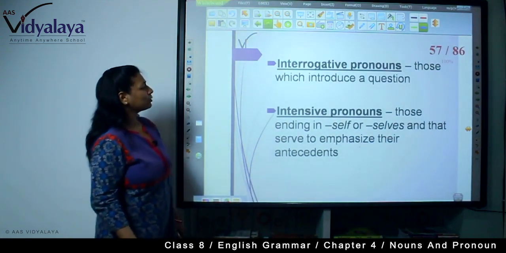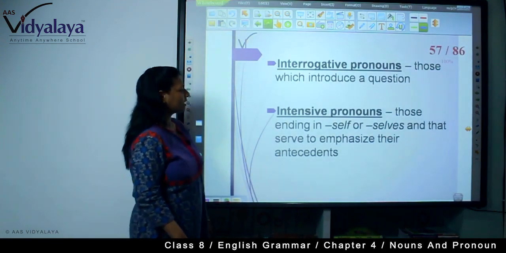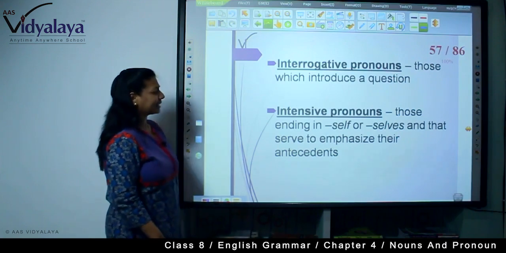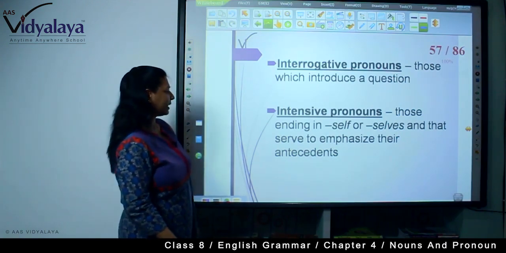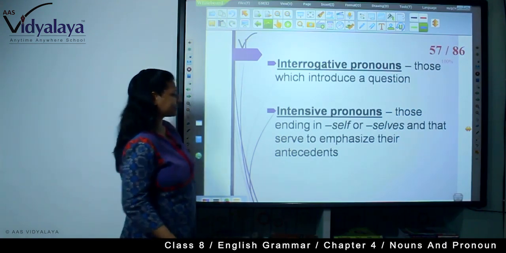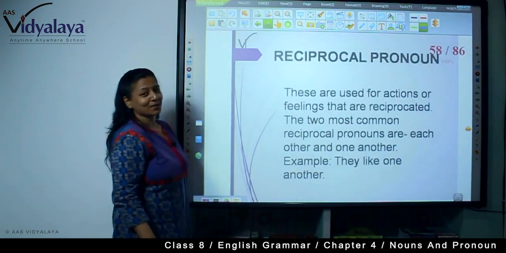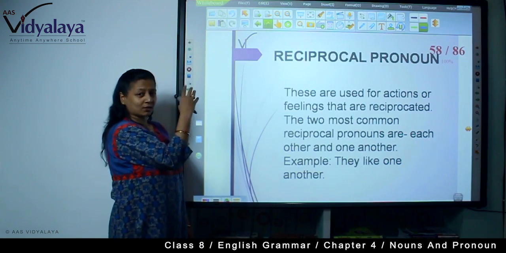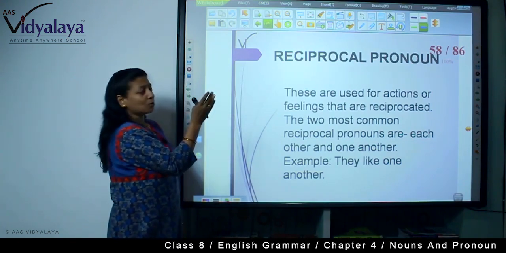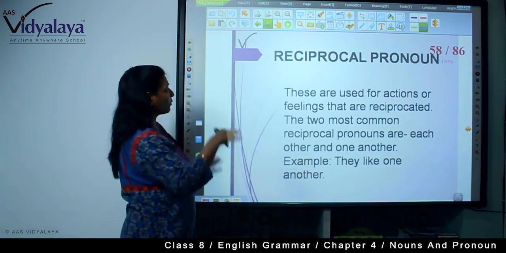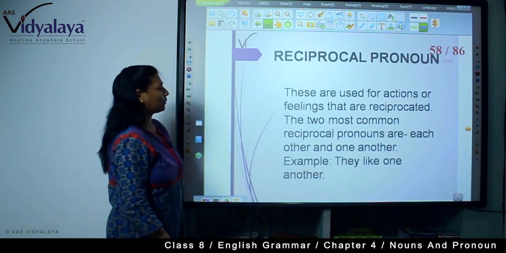Now interrogative pronouns, those which introduce the question. Intensive pronouns, those ending in self or selves and that serve to emphasize their antecedents. Then reciprocal pronoun, as I have explained all this, I am just moving on. Reciprocal pronoun.